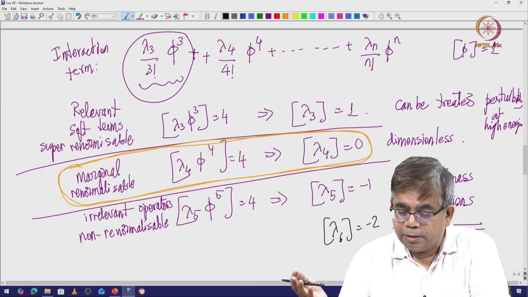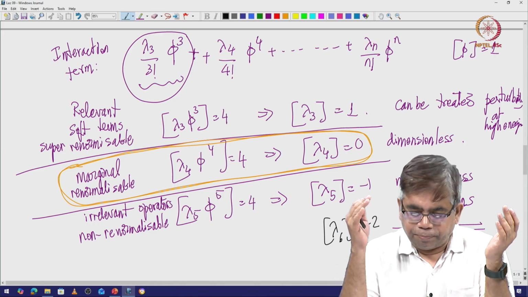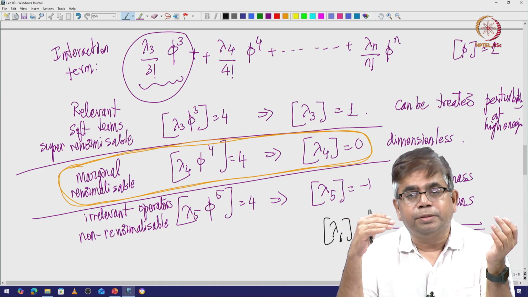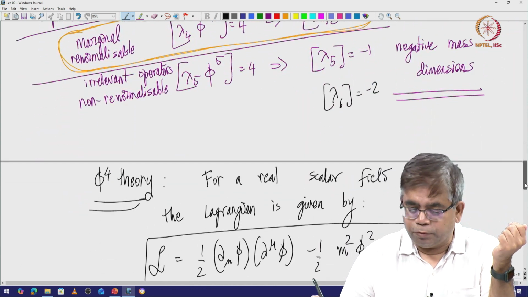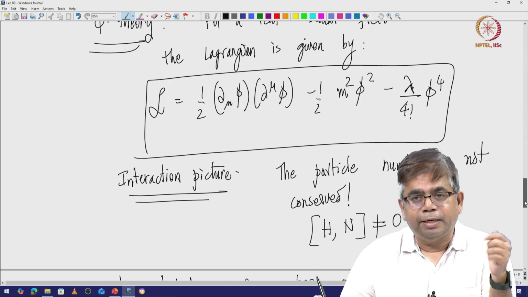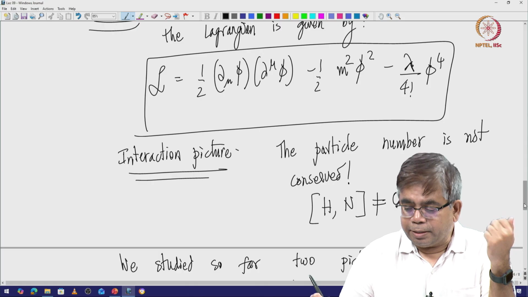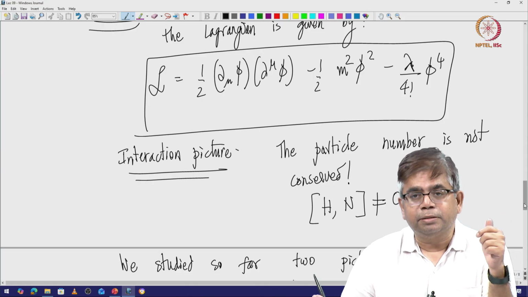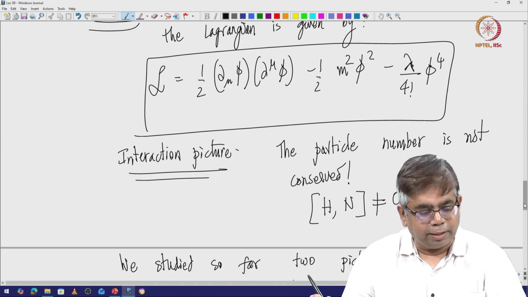So, due to all these reasons we just focused on lambda phi 4 theory, which we call the phi 4 theory. We have written the phi 4 theory Lagrangian and we showed that the number operator is no longer conserved because of the interactions. So, the particle number is no longer conserved.